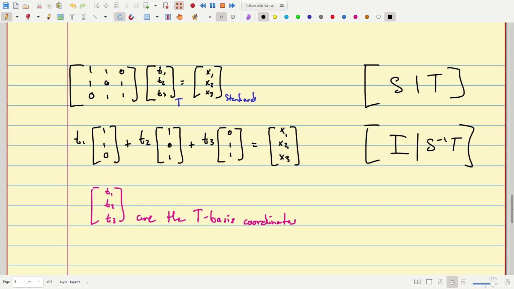Because in order to get the thing on the left of the augmented matrix to be the identity, you have to apply the sequence of row operations necessary to construct S inverse, right? So the matrix on the right, T, ends up being multiplied by all of the things whose product is S inverse. That's why this method works.